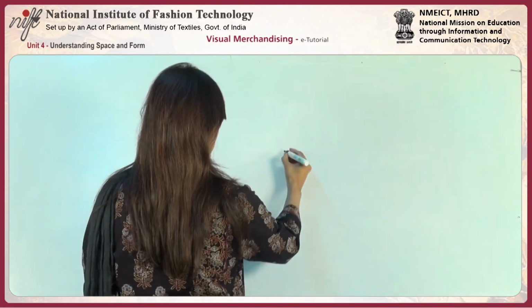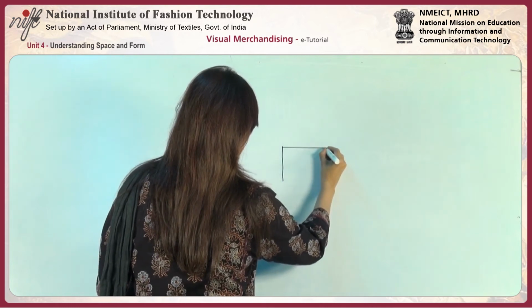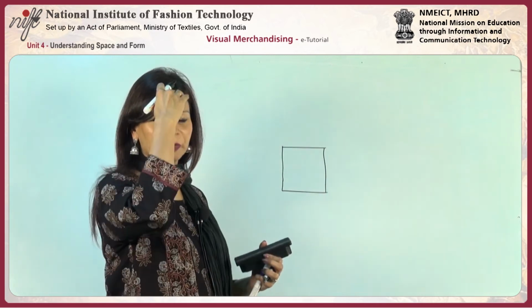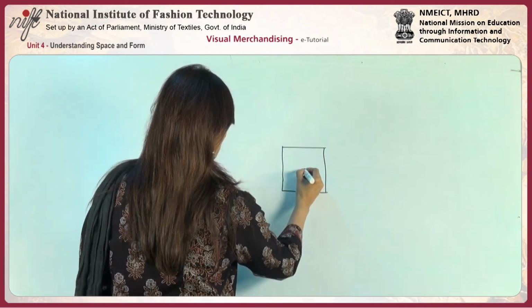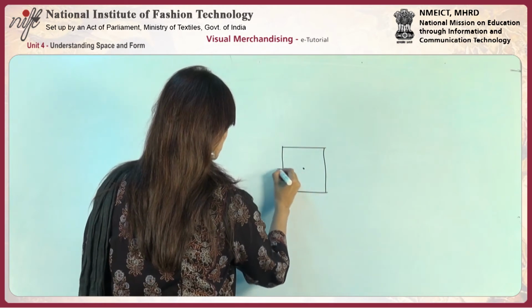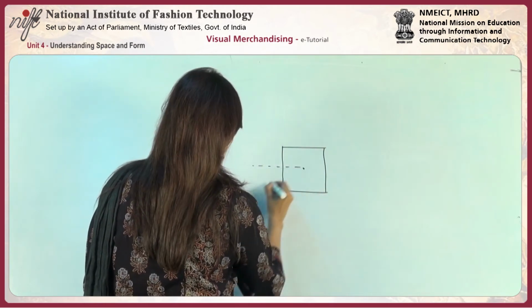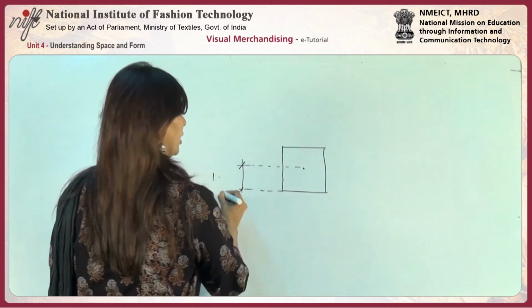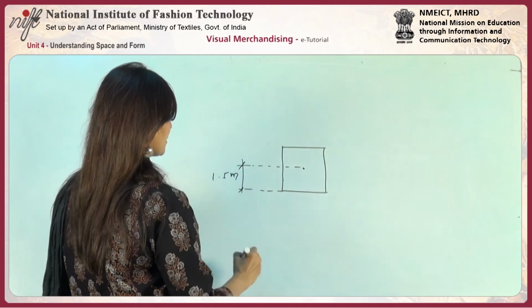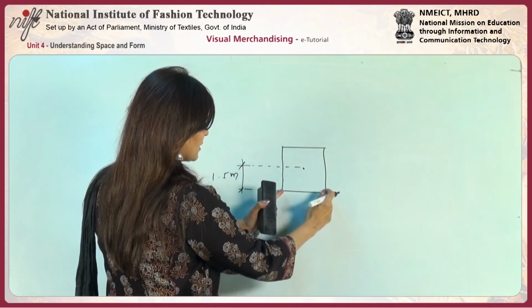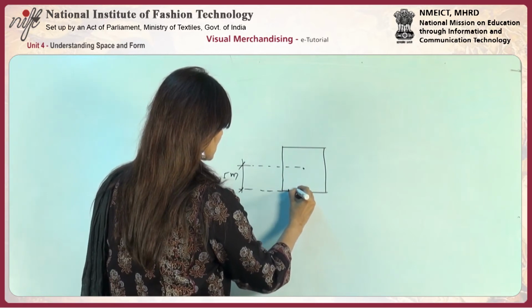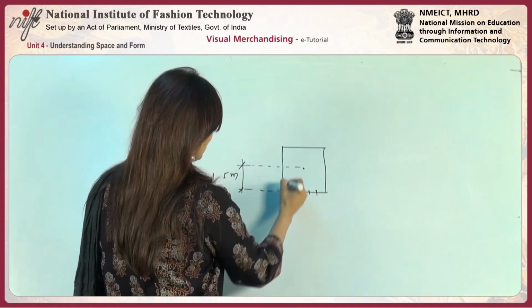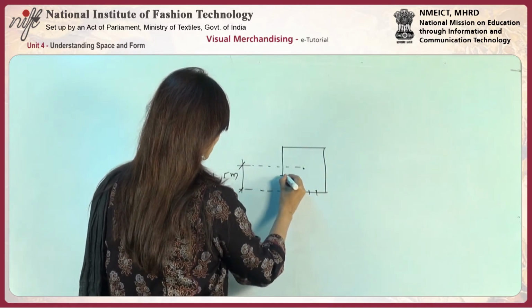So let us say this is our room. Height of a human being, we consider it to be 1.5 meters. So this height from our ground floor is generally 1.5 meters. Then we divide this frame into equal parts. The same way divide the vertical plane also into equal parts.